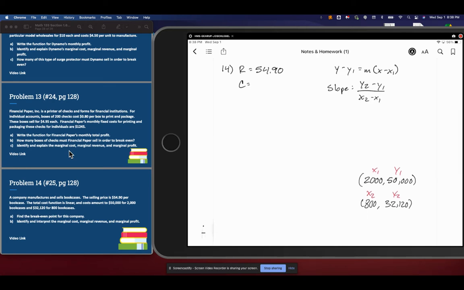So y2 minus y1, you put my minus signs first. We got 32,120 minus 50,000. And x2 minus x1 is 800 minus 2,000. I am definitely going to give that one to Wolfram and see what it's got for me here.